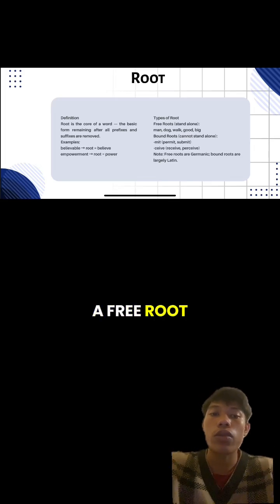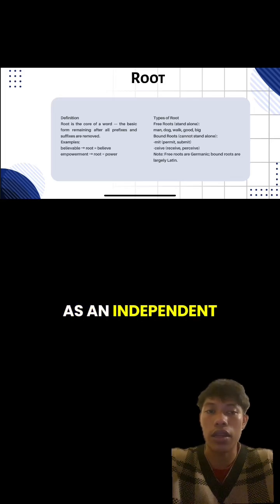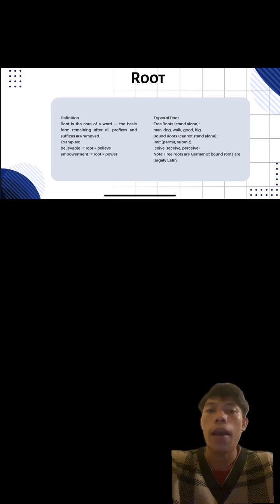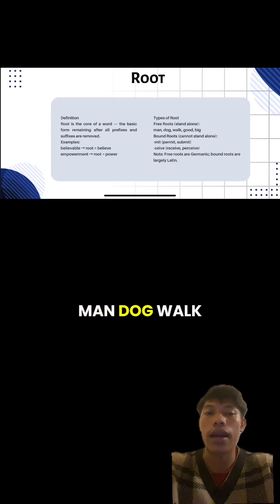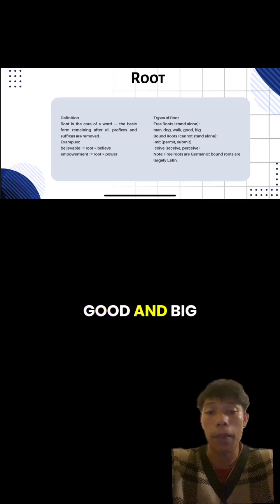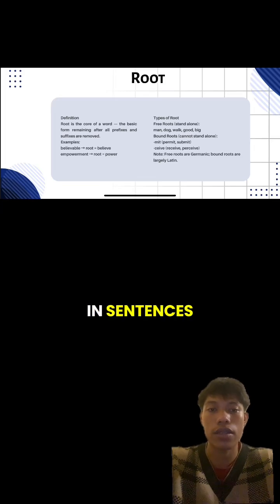A free root can stand alone as an independent word. Examples include man, dog, walk, good, and big. These words can be used directly in sentences.